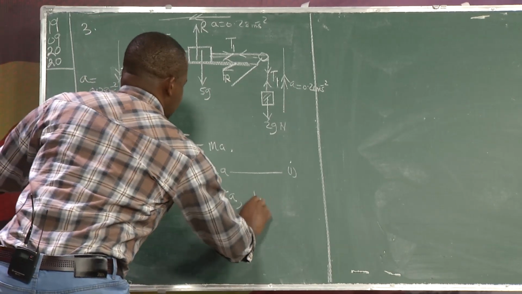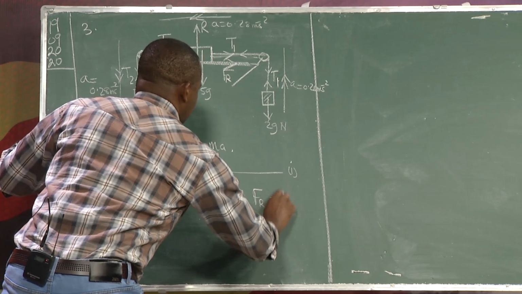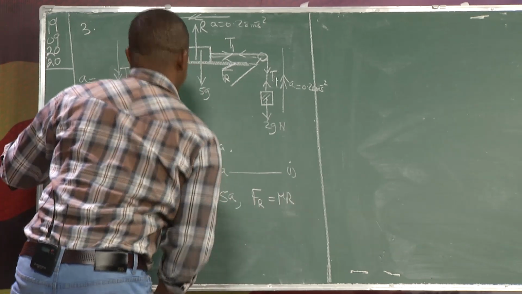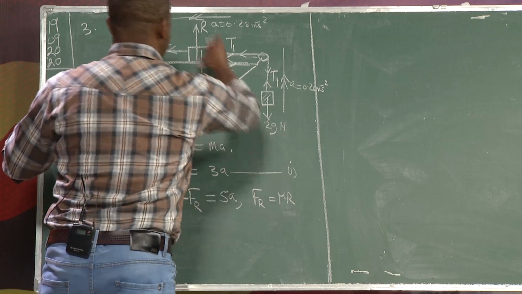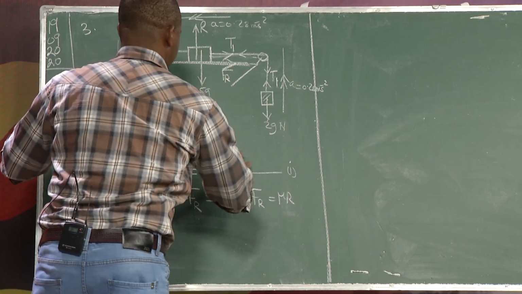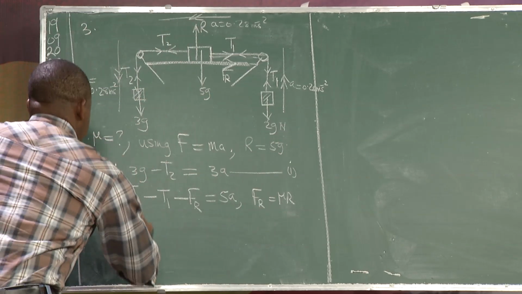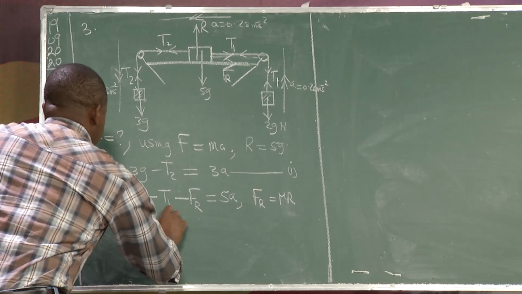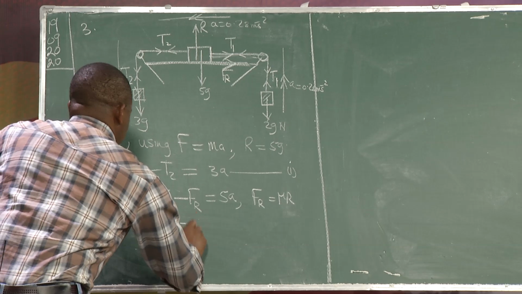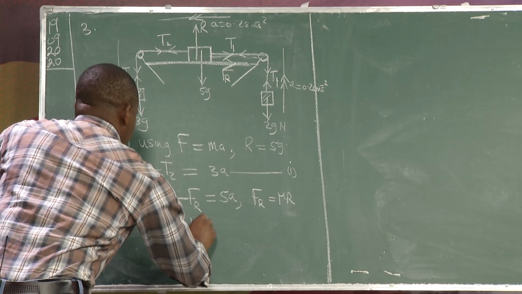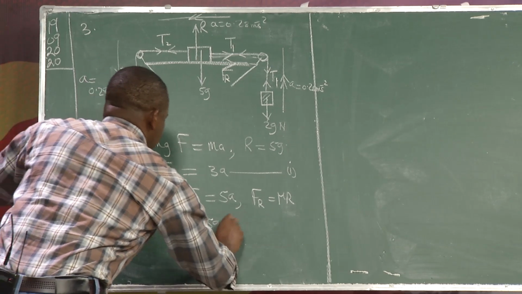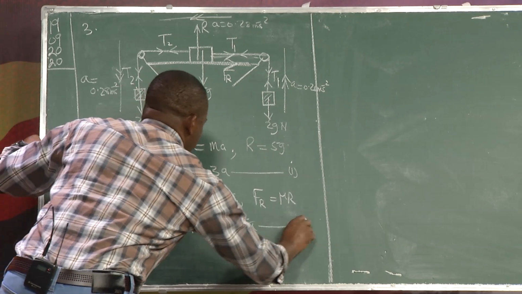But since we know that Fr is equal to mu R, and by the way, R is the weight in equilibrium, R is equal to 5g. So my T2 minus T1 minus mu times 5g would be equal to 5a, my second equation.